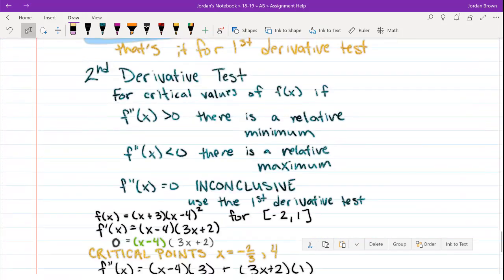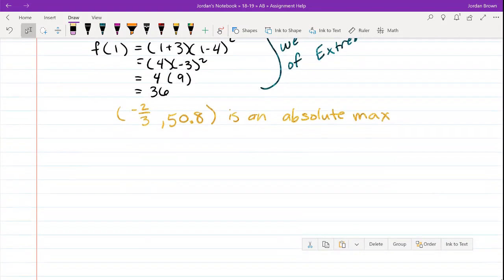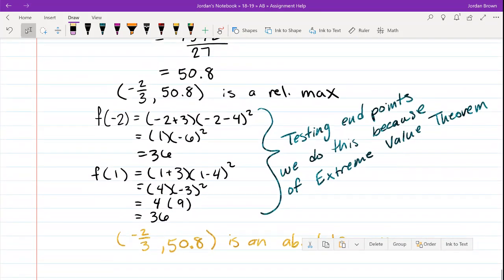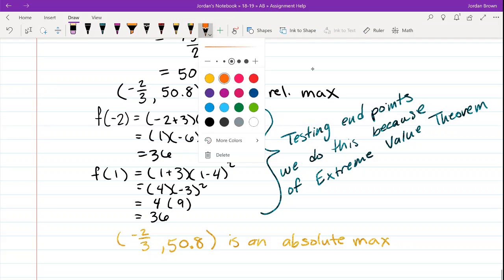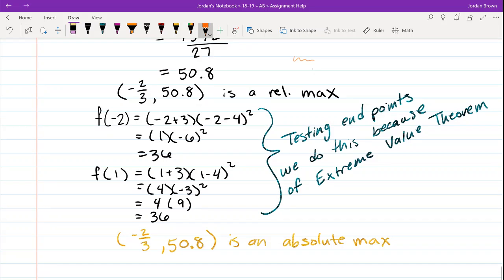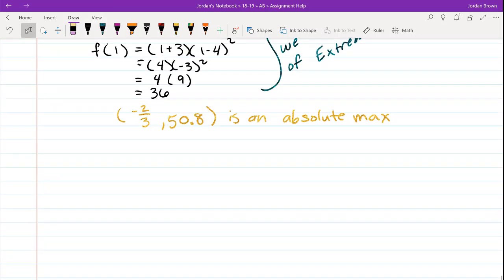Yeah, I can go to that. Alright, so comparing graphs.